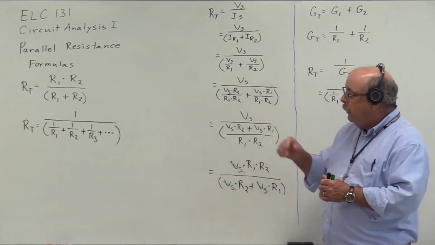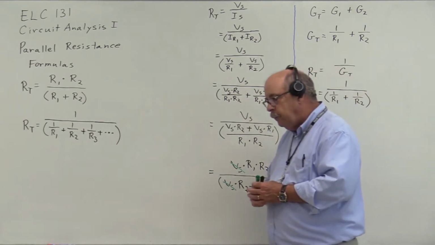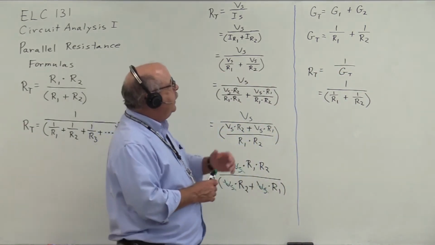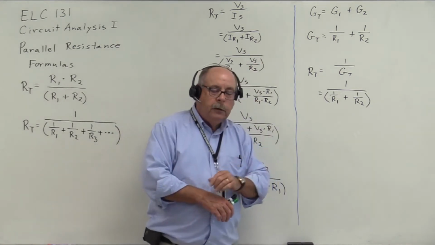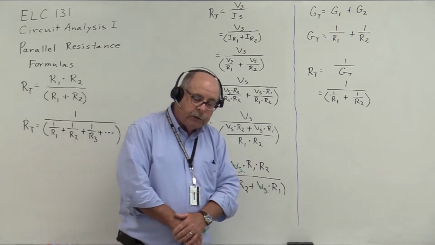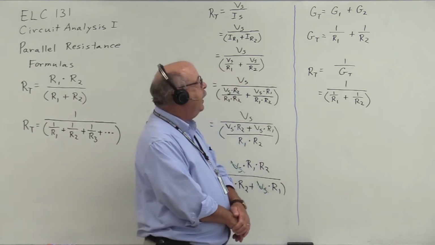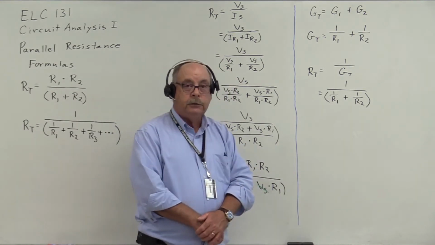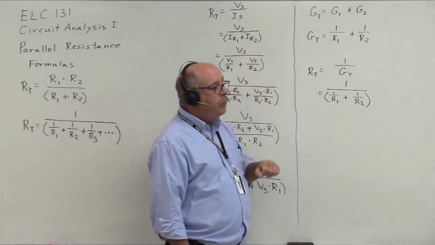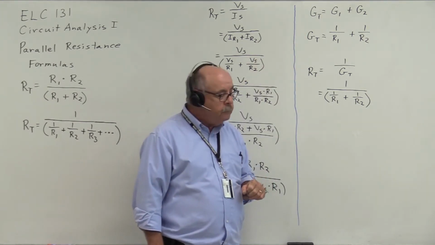Now, the other formula we have, the reciprocal formula, really is based on the fact that in a parallel circuit, we cannot directly add resistances like we did in a series circuit. However, we can add conductances. So G total would equal G1 plus G2.